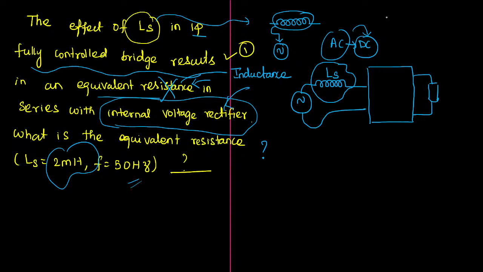Let me do research on it because I too don't know why they made this kind of mistake here. Okay, chalo. Let us do one thing. Just keep this question with you. I will come back with the same question after some time because I should cross check what data is missing in this question. I understood that something went wrong here, but I don't know exactly what the mistake is.